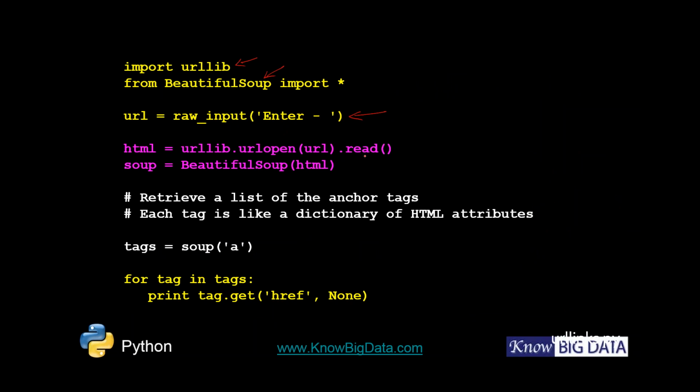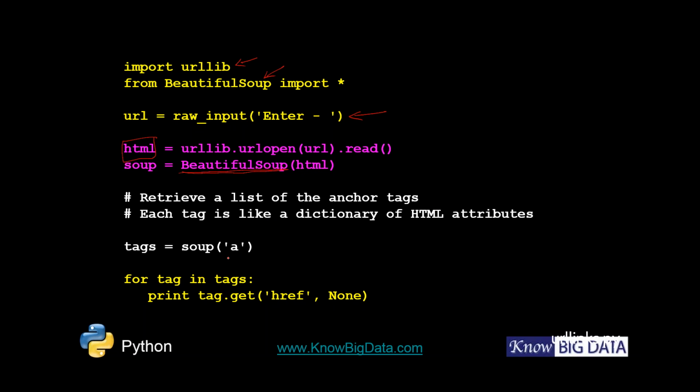So you're doing urlopen on the URL, and read will give you the complete text as a file. Now this HTML you're going to pass into the Beautiful Soup function. This function will retrieve a list of anchor tags. Each tag is like a dictionary of HTML attributes.